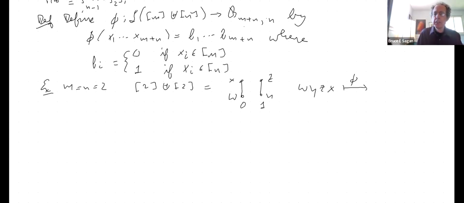Well, w is in the 0 chain, y is in the 1 chain, z is in the 1 chain, x is in the 0 chain. That's your function. Everybody see how this works? Any questions? This is our fundamental bijection that we're going to use.